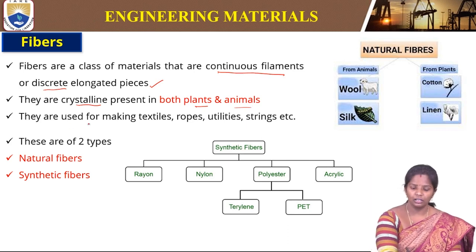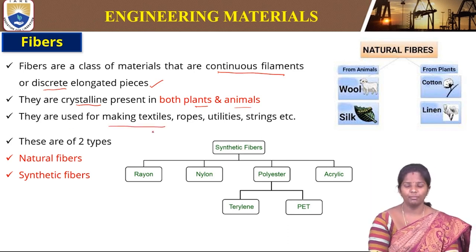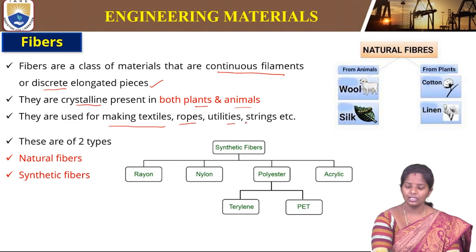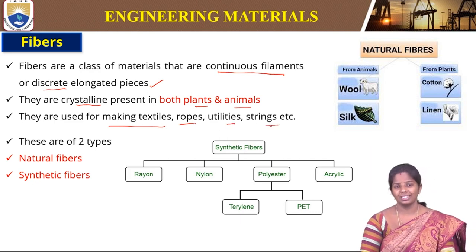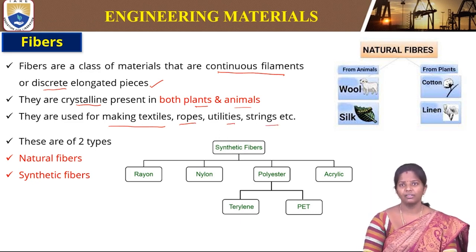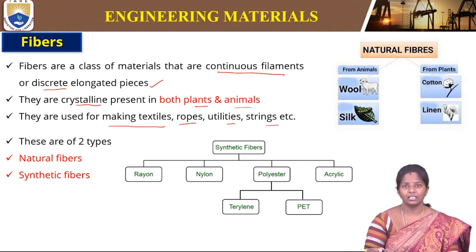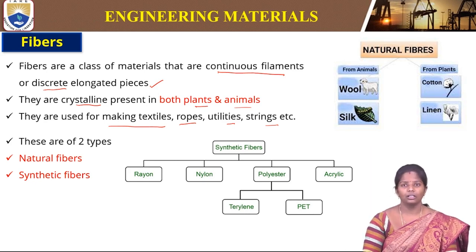These are used in textiles, making ropes, utilities, springs, strings, etc. For example, our clothing is made up of fiber. The ropes that we tie for drying clothes are made up of fibers, and utilities like baskets, then strings, curtains or anything else used for stringing purposes.